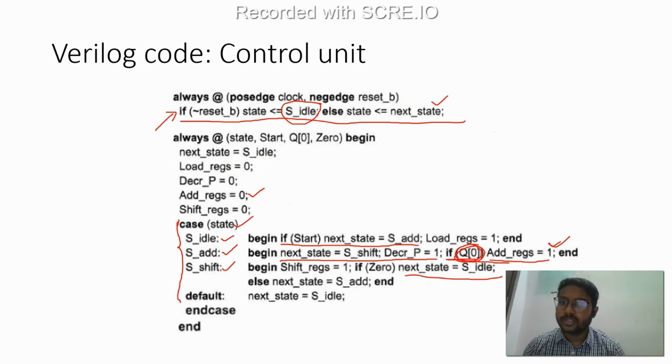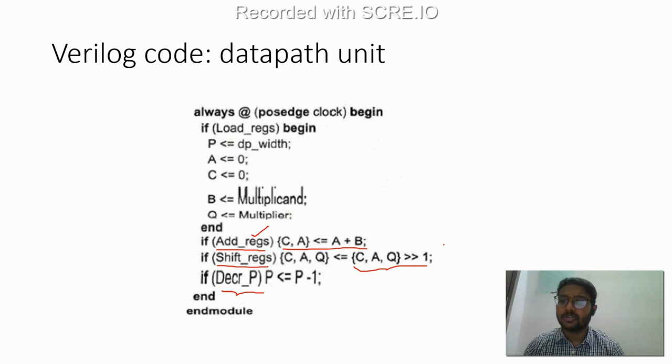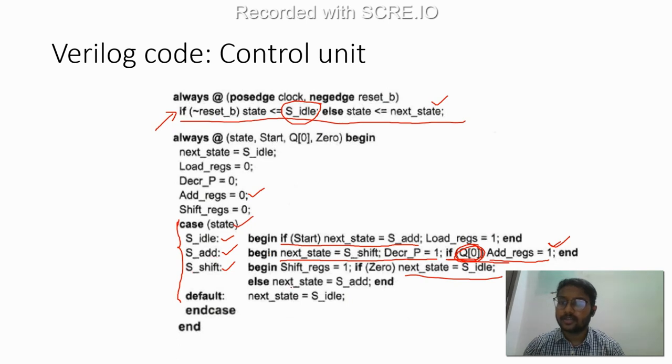If your q of 0 is 0, then your add register will be 0, and your data path unit will not add, right? It just shifts. You get the command from the controller that shift register should be high. As soon as you go to the shift state, your shift register goes high, right?